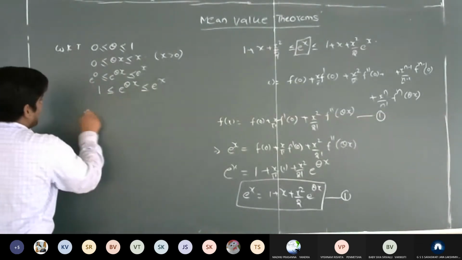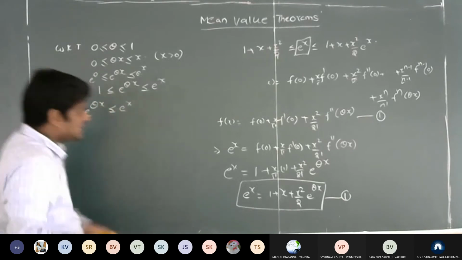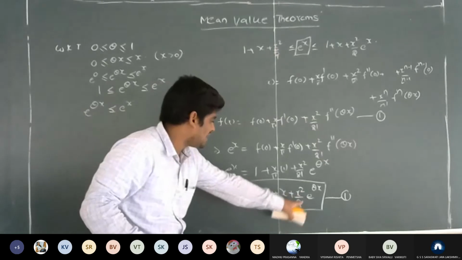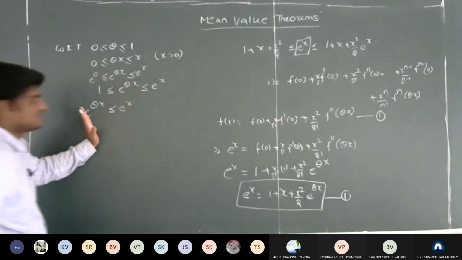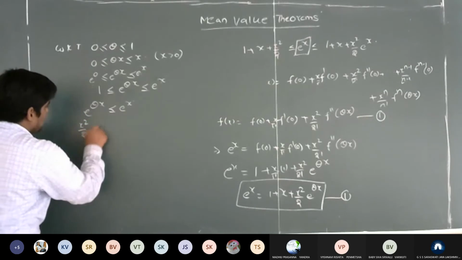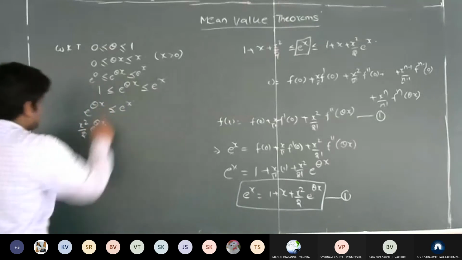Now from this we have e power theta x is less than or equal to e power x. But here we have 1 plus x plus x square by 2 into e power theta x, so we have to form this term. My aim is to form equation number 1 from this relation.